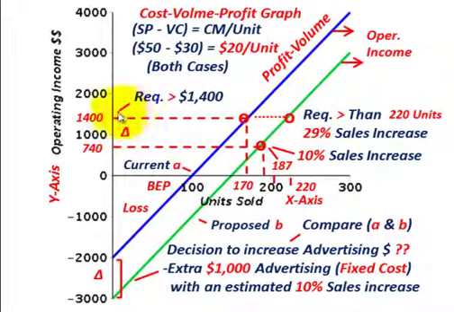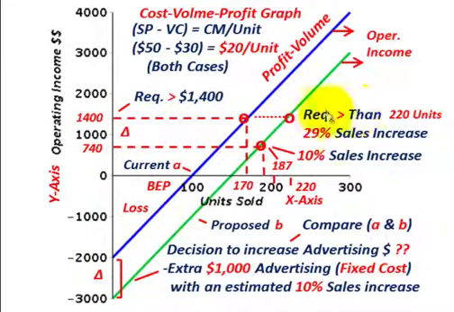But just looking at it from a break-even point, looking at our profit line for our proposal, we'd have to move all the way up to a 29% sales increase, and that would be 220 units. So if you take 220 units times $20 per unit, you're going to get $4,400, but you'd have to subtract out that $3,000 fixed cost, so you'd come up with $1,400.